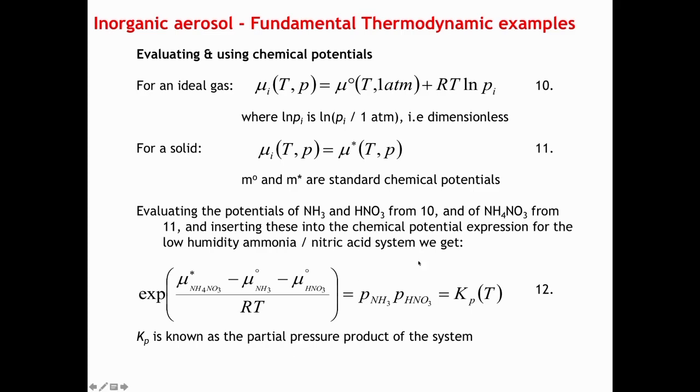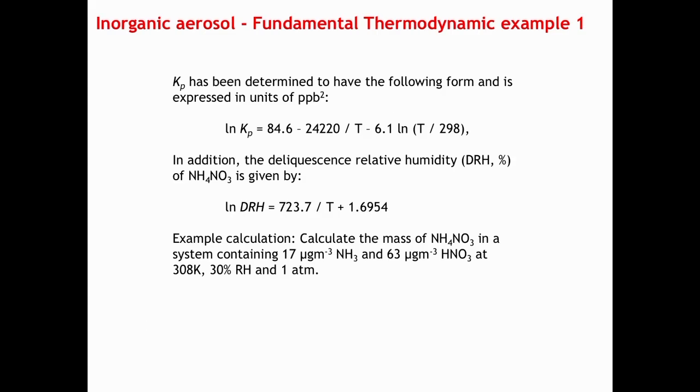And here, this partial pressure product is actually expressed in parts per billion, because you can do that just experimentally. It's empirically determined. So what we have here is this partial pressure product has been measured in the lab. And the log of the partial pressure product is given by this expression.